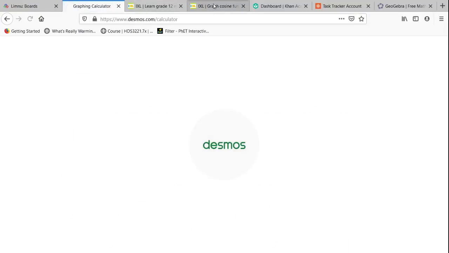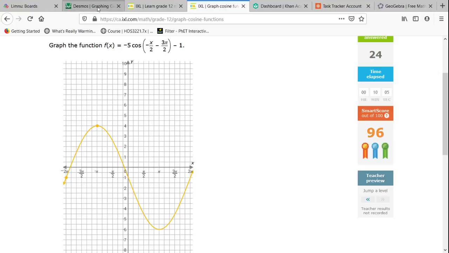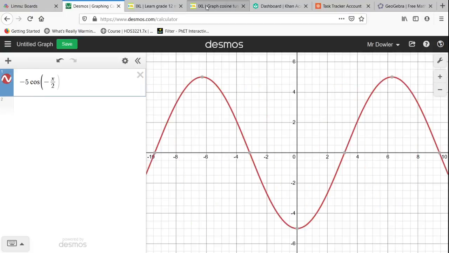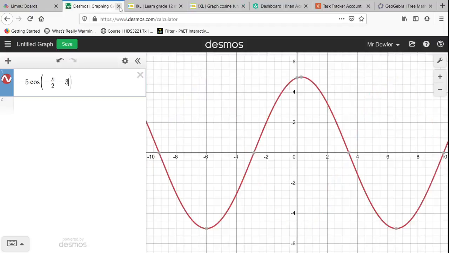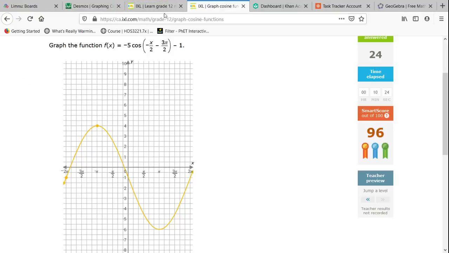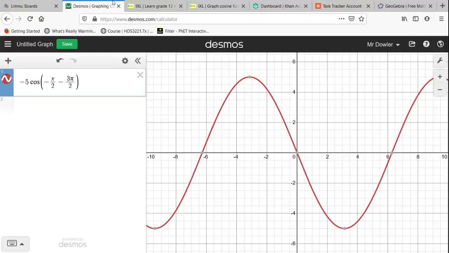So let's demonstrate how all these pieces fit together. So we have a negative 5 cosine negative x over 2, and then minus 3 pi over 2, minus 1.